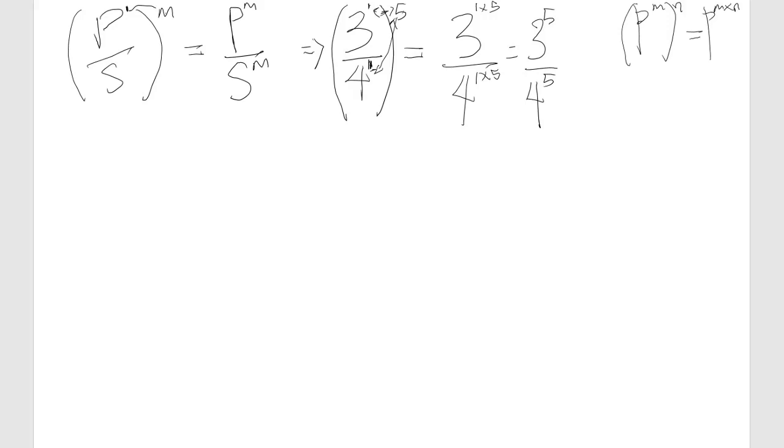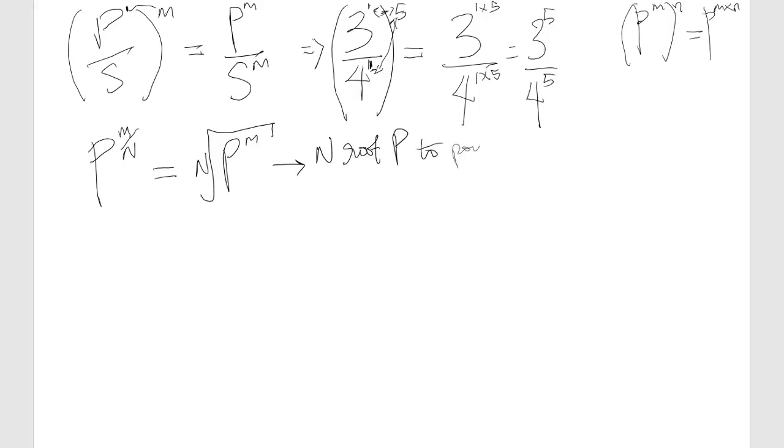Okay, so we'll go to the next law of indices, which says P raised to the power M over N. If you have such, you're required to put N outside, so you're finding the N-th root of P raised to the power M. So you can say it as N root of P to the power M. This is how you say it.